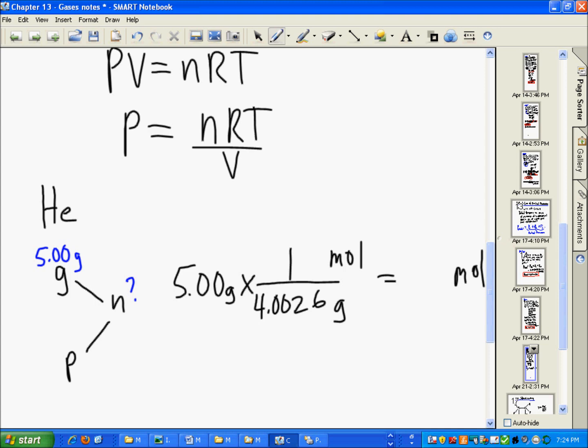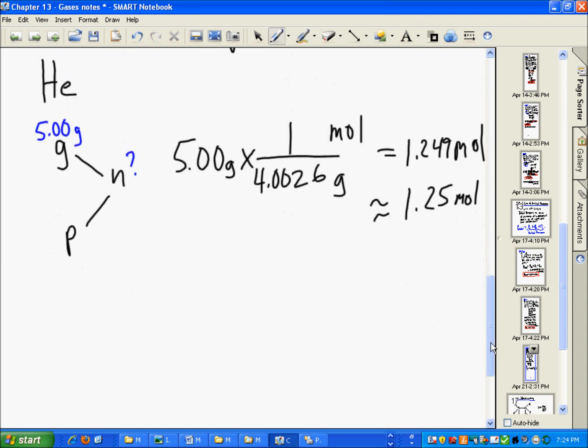So it'd be 1.249, which is approximately equal to 1.25 mole. So that's our n. So now we can do P helium.